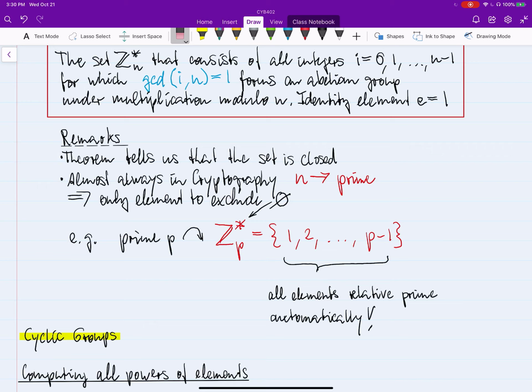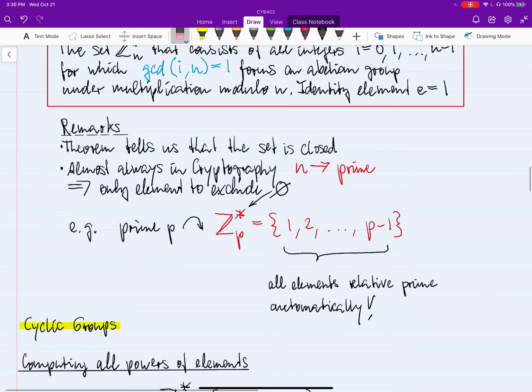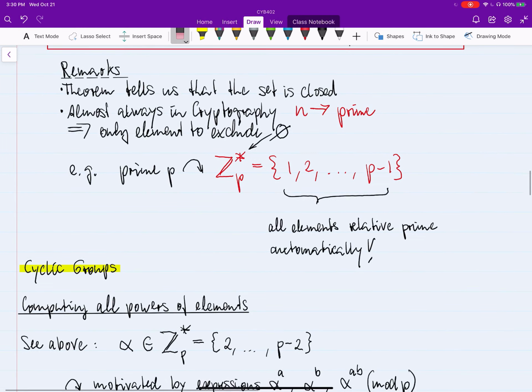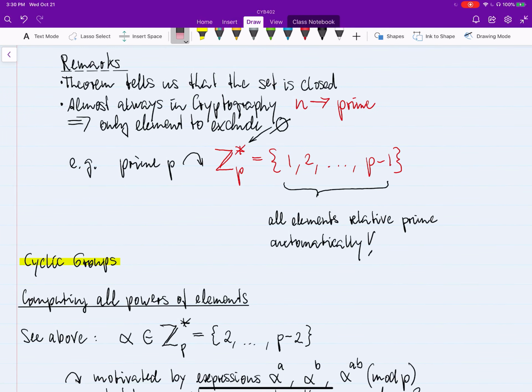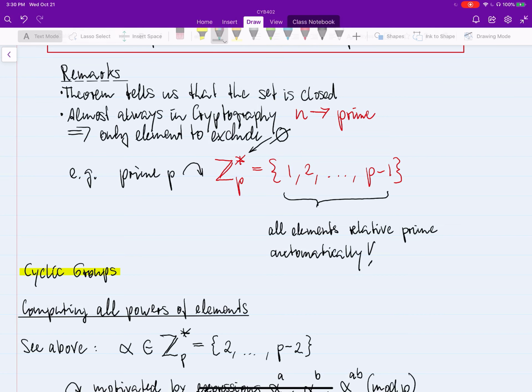When we talk about these kinds of groups, Z_p star, what we actually mean is that we kicked out 0. Okay, so now it's clear that under such circumstances, the order of a group like that is p minus 1.